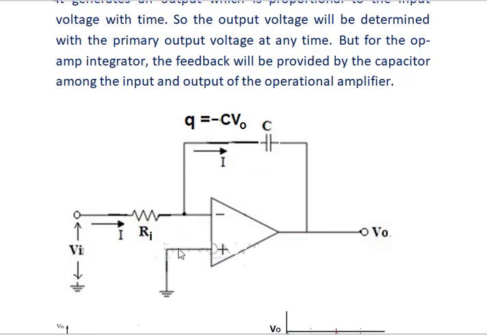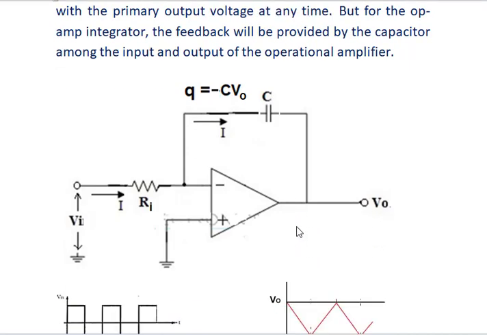The non-inverting input of the operational amplifier is grounded. The input voltage is given through the input resistor Ri. I is the current passing through the input resistor. V out is the output voltage taken at the 6th pin.